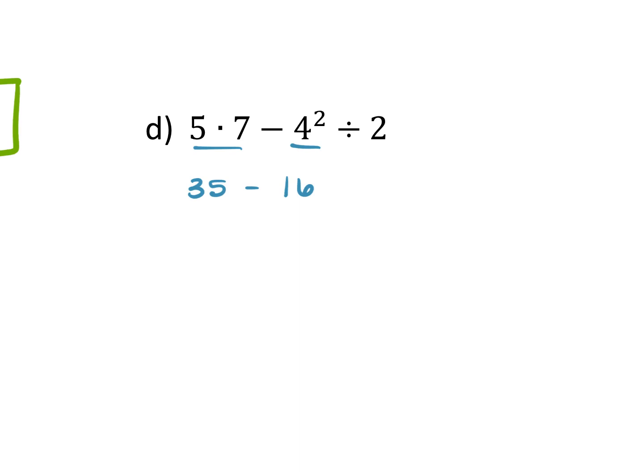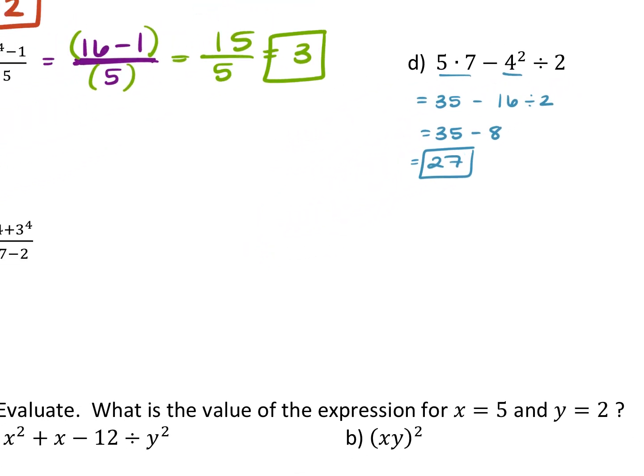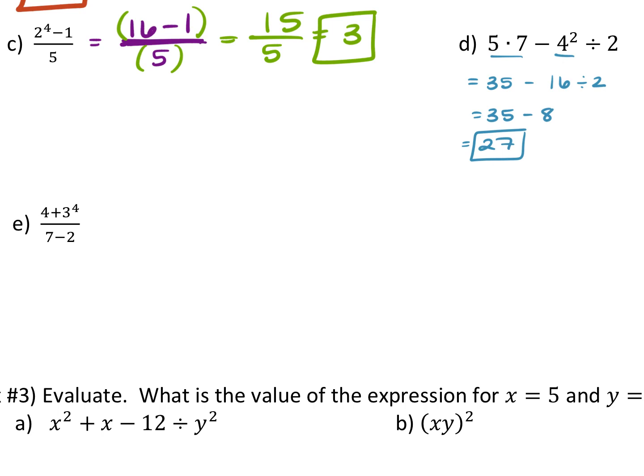So if you want to call that 35 minus 16 divided by 2 and do those first 2 steps at the same time, it's fine. The only reason I let you do that is because they don't impact each other. If they did, then you wouldn't. So you're welcome to do that if you want. What's your next step? Divide. So 35 minus 8, and that is 27. Bravo.